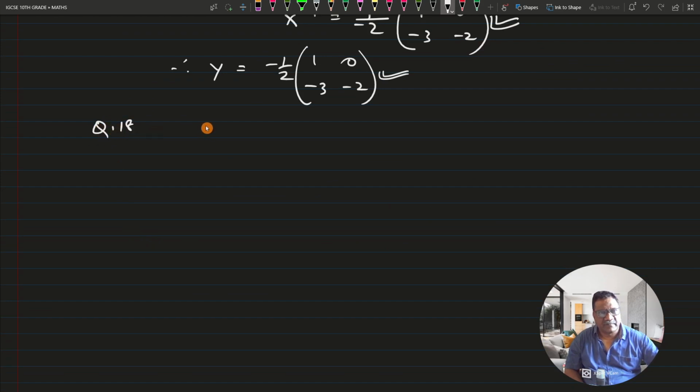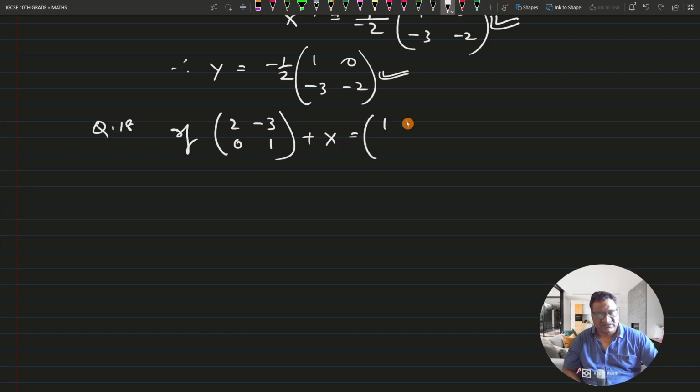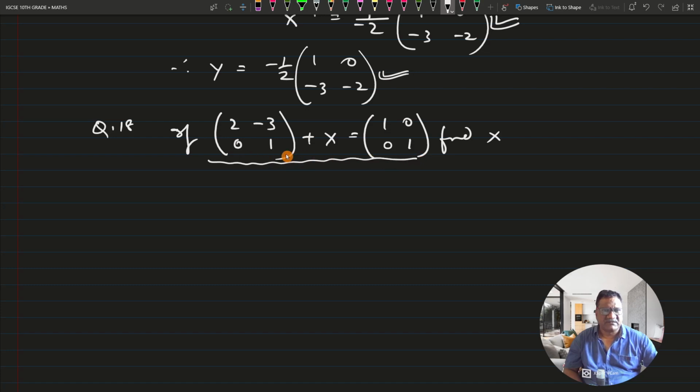Question number 18 is: if the matrix 2, minus 3, 0, 1 plus x equals the matrix 1, 0, 0, 1, find x. Now this is very simple. This is an equation given to you, an addition of matrices.